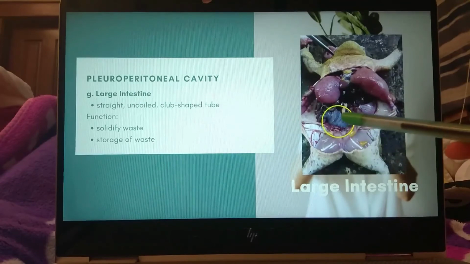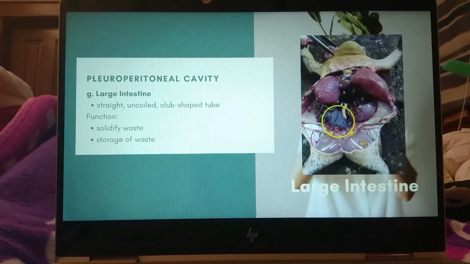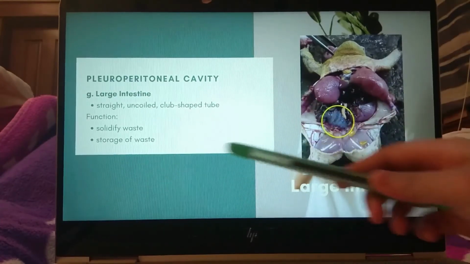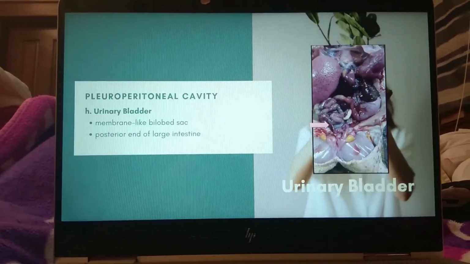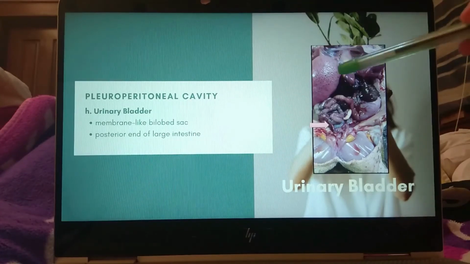And the large intestines are usually dark in color. They function by solidifying waste through water absorption and store our waste products. So here we have the urinary bladder, which is a membrane-like bilobed sac ventral to the posterior end of the large intestines, here.